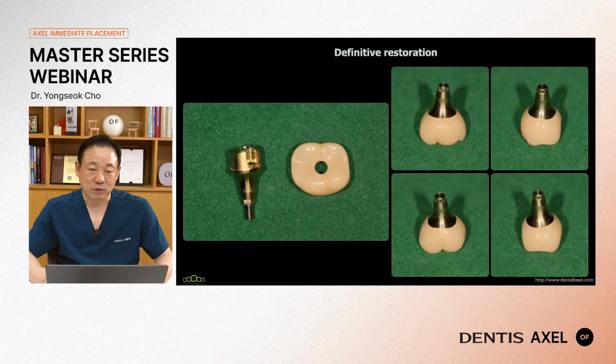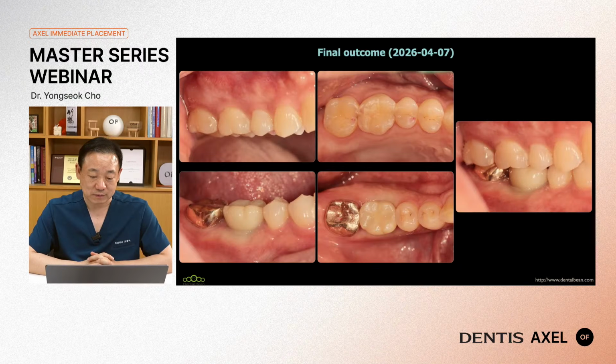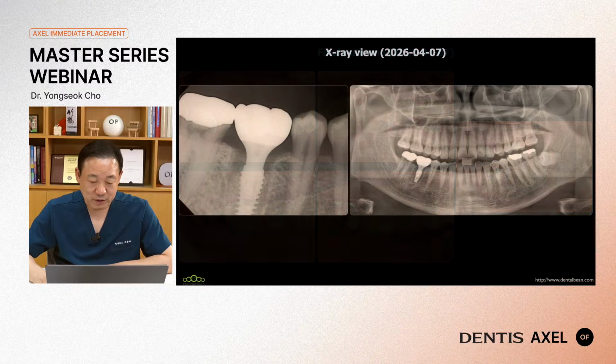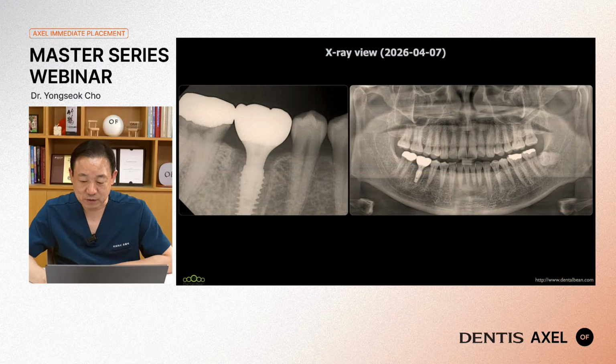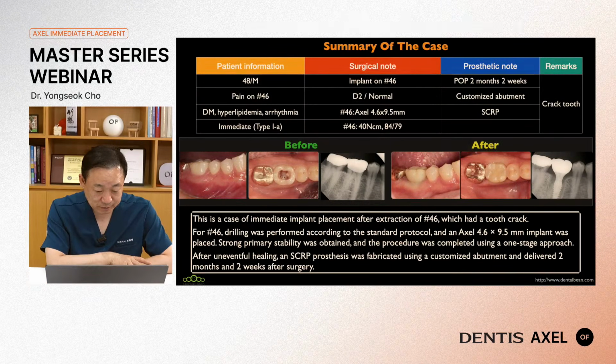Here, a customized abutment with a full zirconia crown was fabricated. It was delivered to the patient. So very simple and early, the case finished. It's a summary of this case.